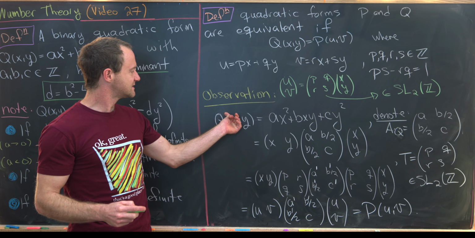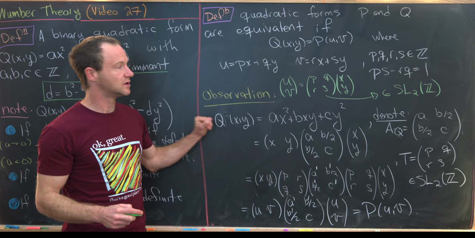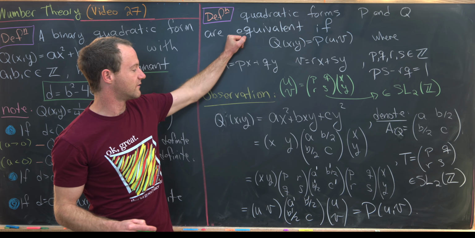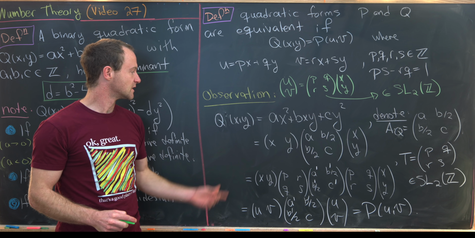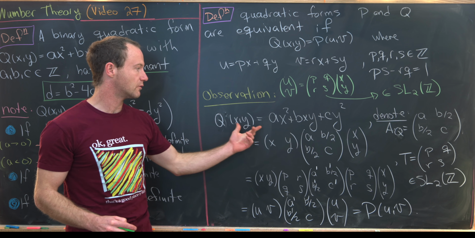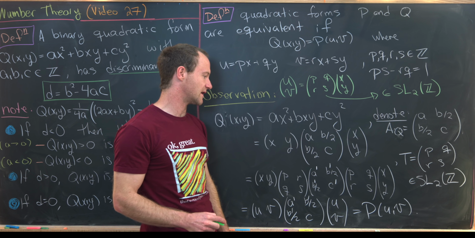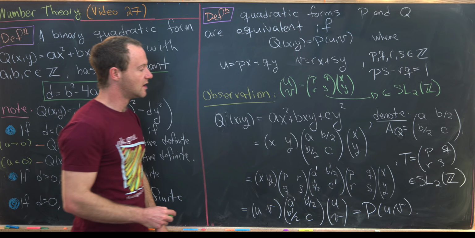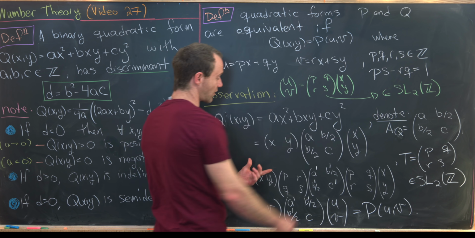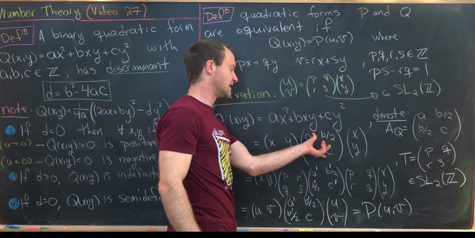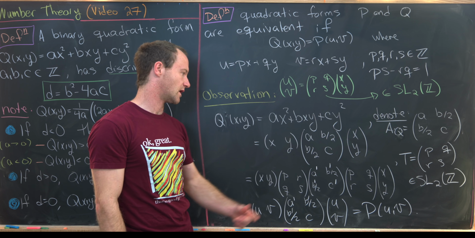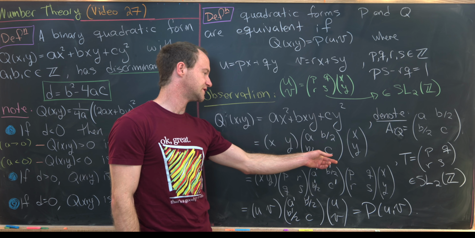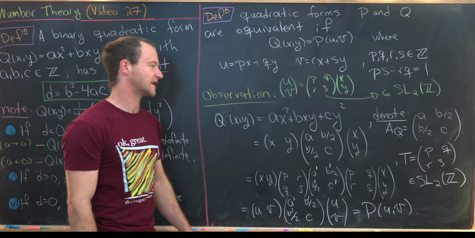Okay, now let's make the following observation, which puts this notion of equivalence in terms of similarity of matrices. We've got q of x,y, which is ax squared plus bxy plus cy squared, but we can rewrite that as the product of a row vector, a matrix, and a column vector. So we've got row vector (x,y), the matrix (a, b over 2; b over 2, c), and the column vector (x,y).